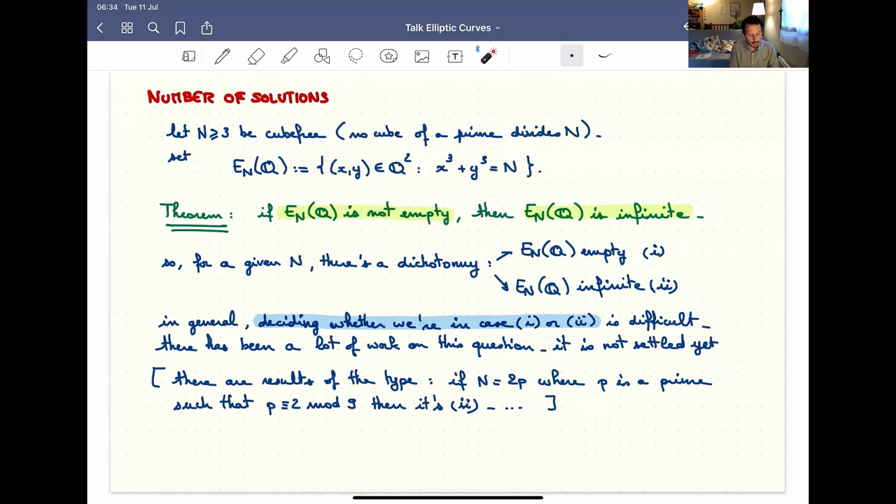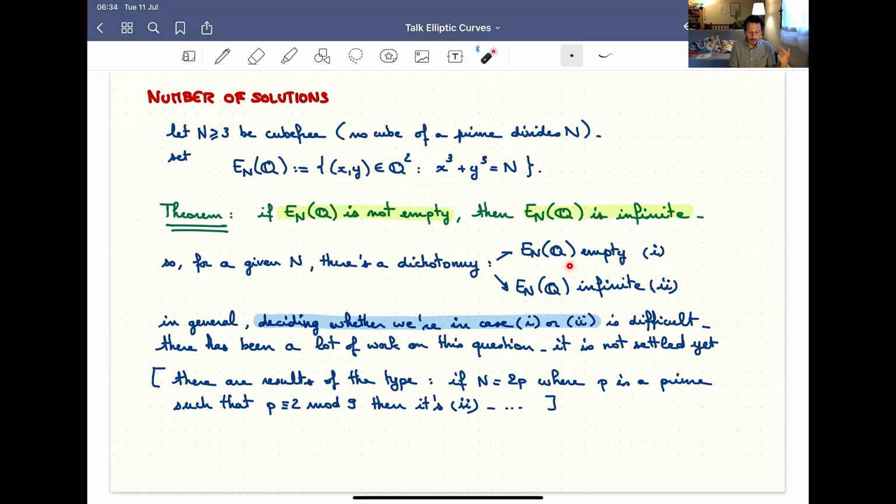Which means that if I give you an integer n, then there are two cases. The first one is, well, maybe the set of solutions is empty, which means there are no x and y rational numbers such that x cubed plus y cubed is equal to n. There are no solutions at all.